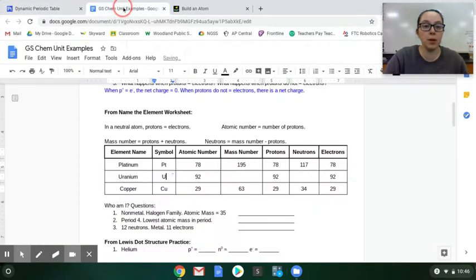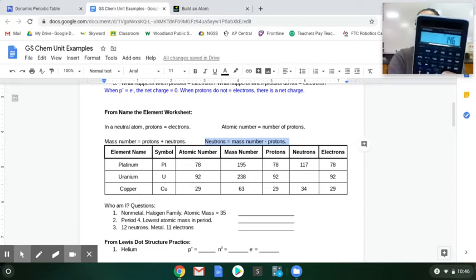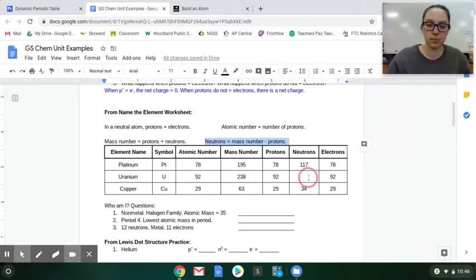I'm going to round that down to 238. And then I'm going to use my lovely calculator, and this right here, neutrons equal the mass number, 238, minus your number of protons, which is 92, 146. That's my number of neutrons in uranium.